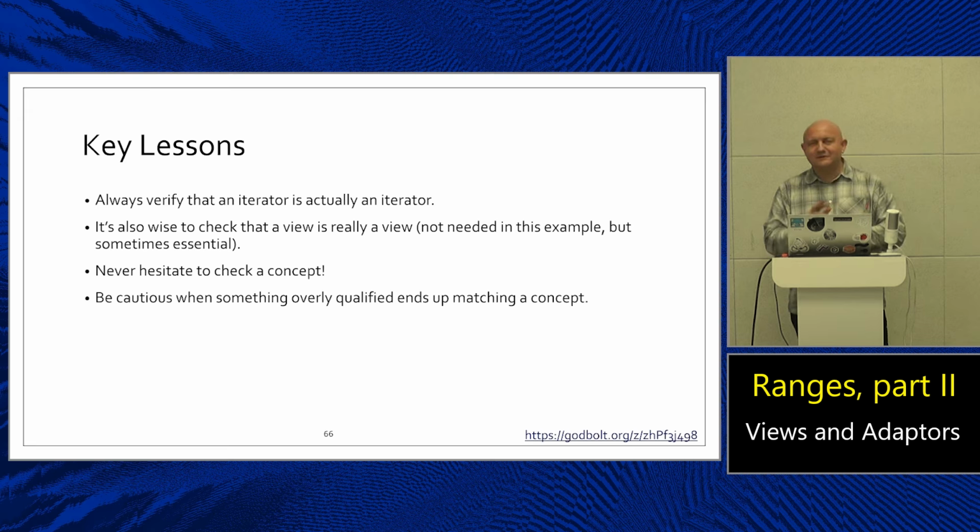Always verify that your iterator is actually an iterator. Check that a view is really a view. Please go to this example and write a static_assert that your view is really a view. Never hesitate to check a concept and be cautious with overly qualified things. Overly qualified things end up not matching a concept.